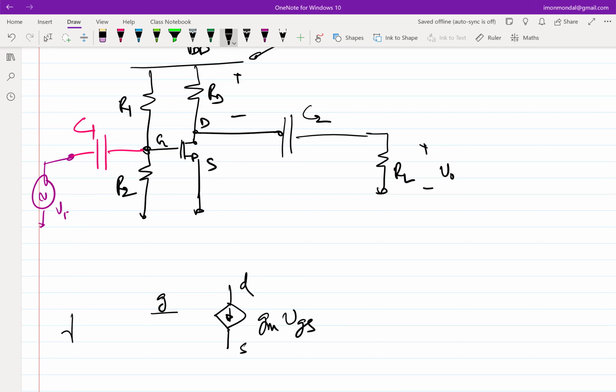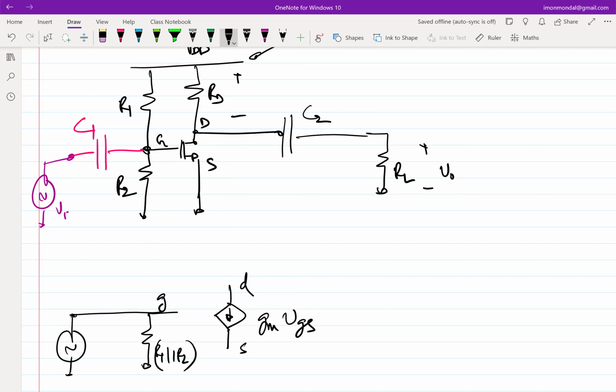Yeah, definitely a Vi. If I assume the capacitor to be shorted, this directly goes to the gate. What about R1 and R2? Yeah, R2 remains the same. R1 goes to? R1 also goes to ground because incrementally VDD is grounded. So essentially it becomes R1 parallel R2. Right?